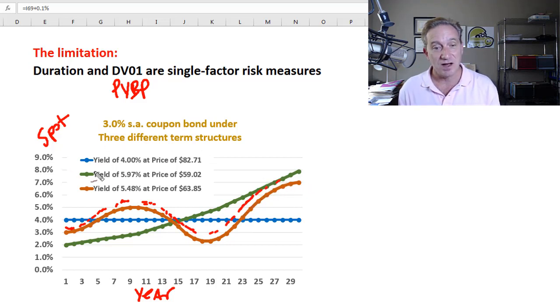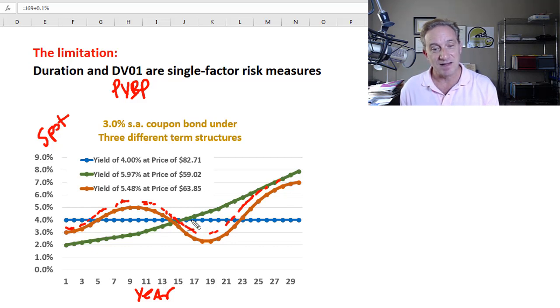After all, we're talking about yield. How else could we describe a shift in this term structure with only a single variable? We're only shocking a single variable. That's the yield. A parallel shift is the only thing that really can be implied.